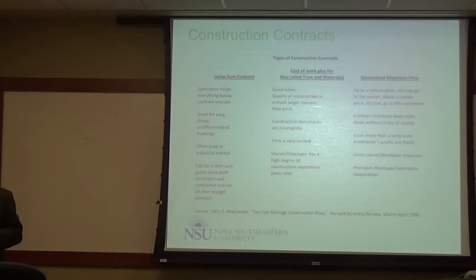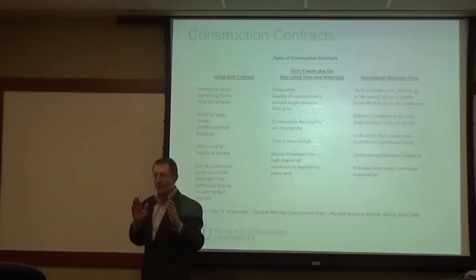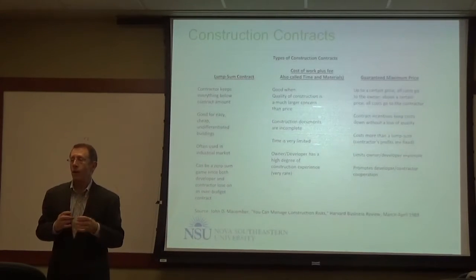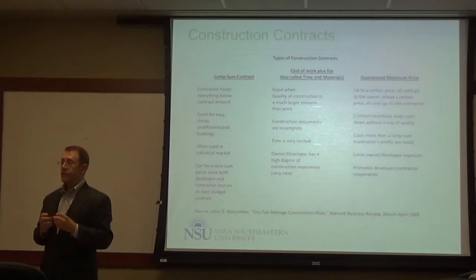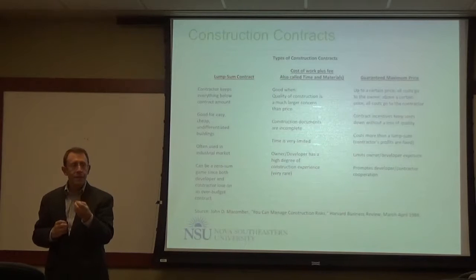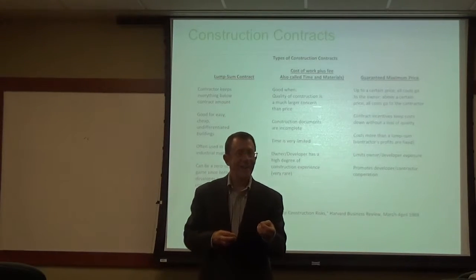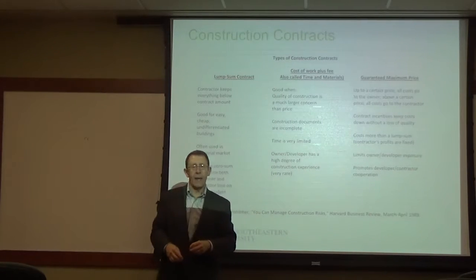Is it another name for cost plus? So cost plus is for something where you often can't define the scope. It's for a luxury home. It's for renovations, rehabs. If the scope is unclear, you would do a cost plus fee.